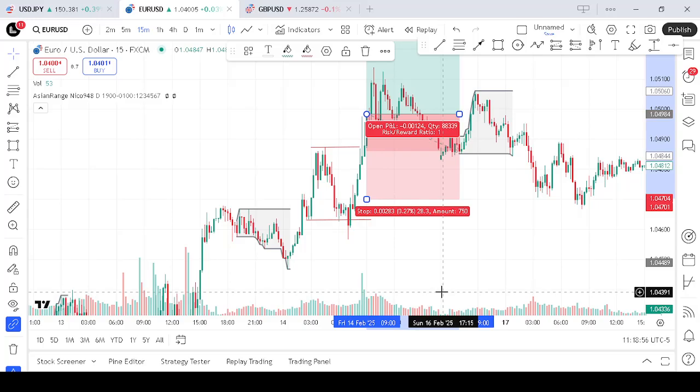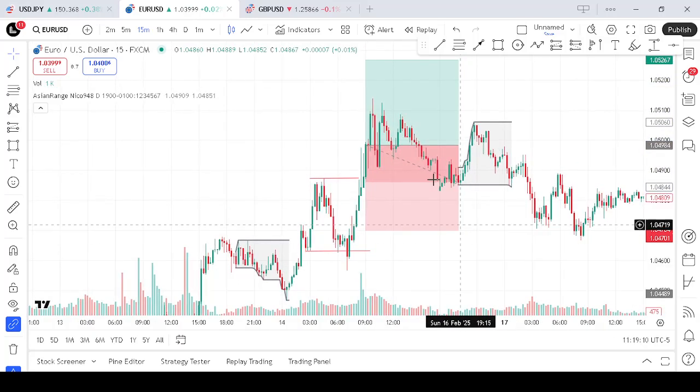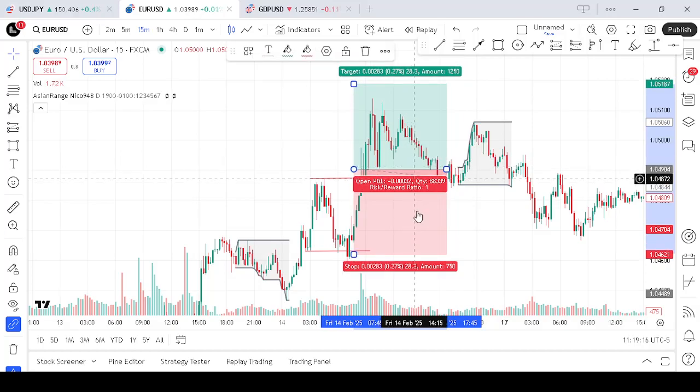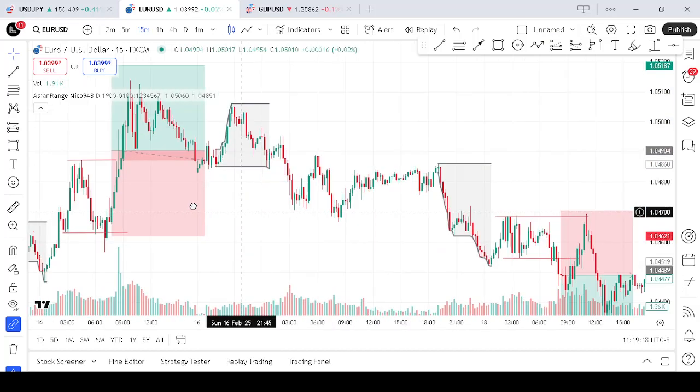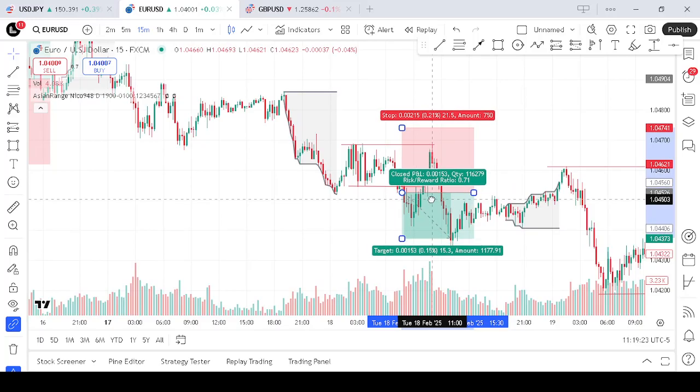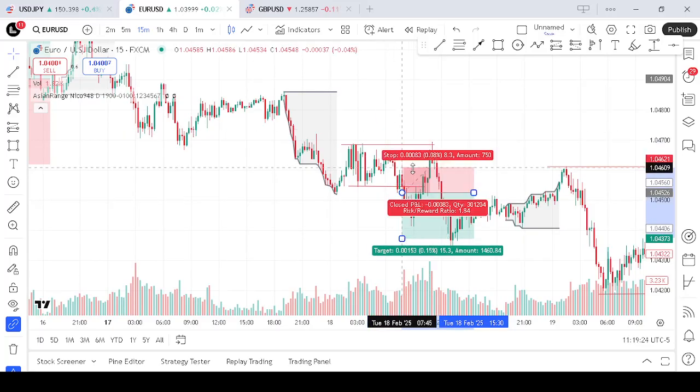Let's not forget our stop loss and our take profit levels. But before that, we can also enter our trade using pending orders. We can place our buy stop order slightly above the resistance level in case of a buy trade, and we can place our sell stop slightly below the support level in case of a selling trade.